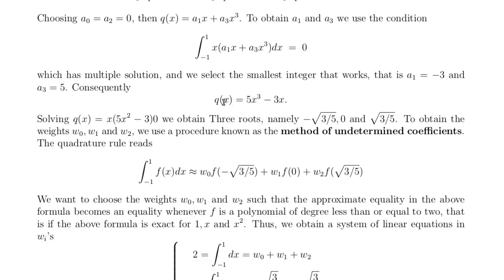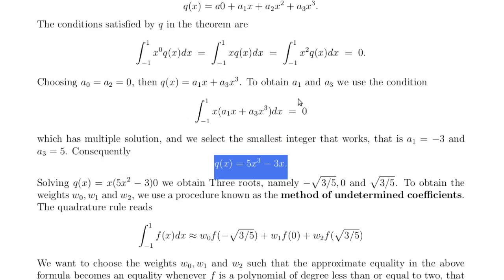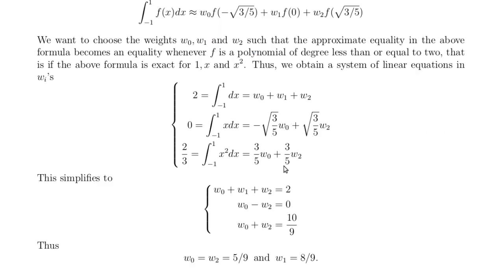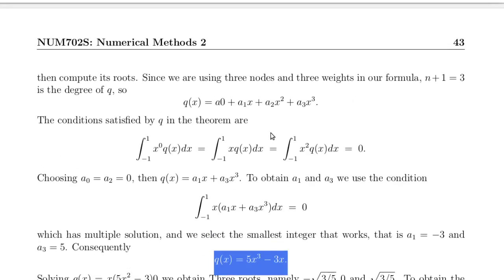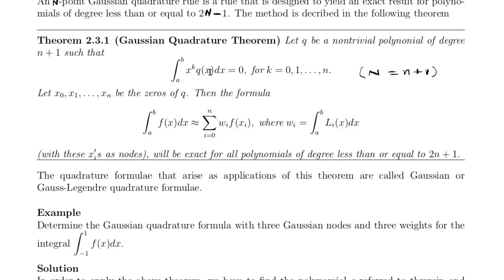Now, if you take this polynomial we computed and compare it with the Legendre polynomial, we will see that this polynomial will be 2 times Legendre. And Legendre is also a polynomial that will give us the same roots as this one. But the advantage with the Legendre polynomial is that they generalize all these q's.